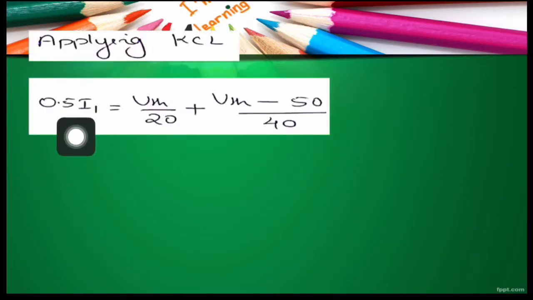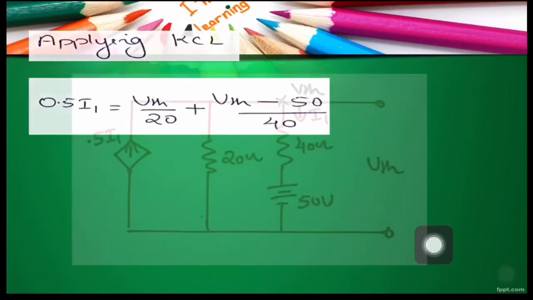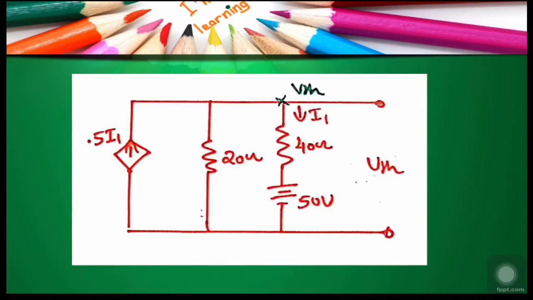So we can write 0.5 I1 is equal to VTH by 20 plus (VTH minus 50) by 40. Here left hand side represents sum of currents entering the node and right hand side represents sum of currents leaving the node.